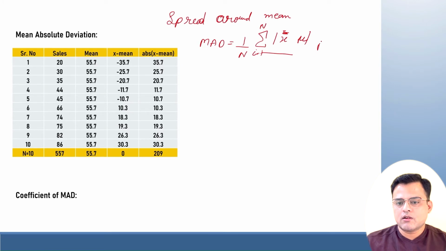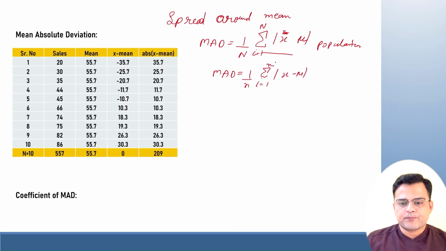This is for population, and for sample the n will become the small n. Most of the time we work with sample.